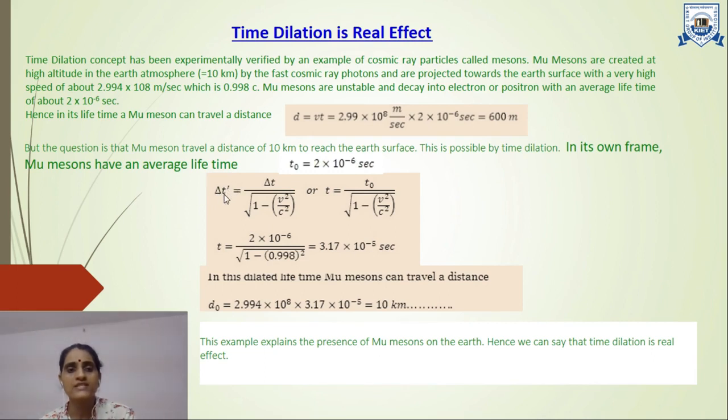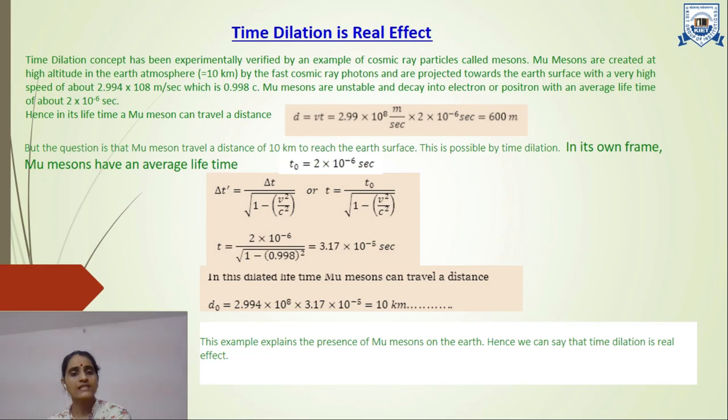So T is equal to T naught upon the square root of 1 minus v squared by c squared. The velocity we know is 0.998 c, and T naught is the average lifetime, 2 x 10^-6 seconds. So the calculated time comes out to be 3.17 x 10^-5 seconds.